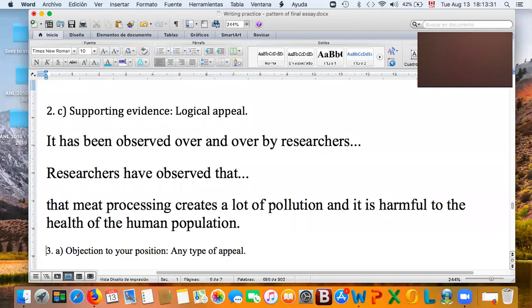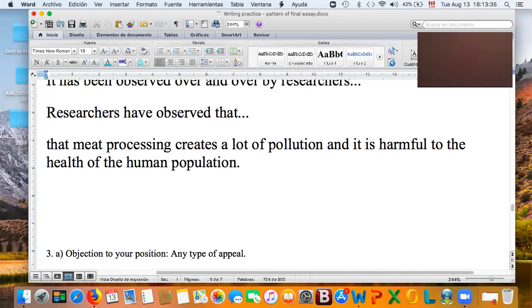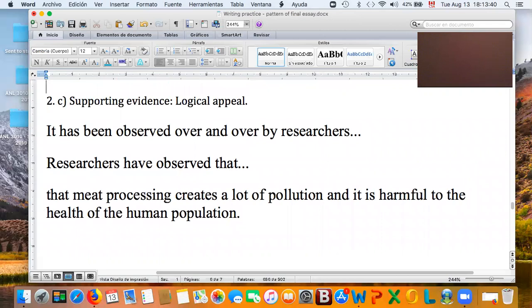Well, my criticism of this supporting argument is that it sounds to me like another appeal to ethos. I don't see logical appeal here in the sense that there's no syllogism. There's nothing like this is true and that is true.